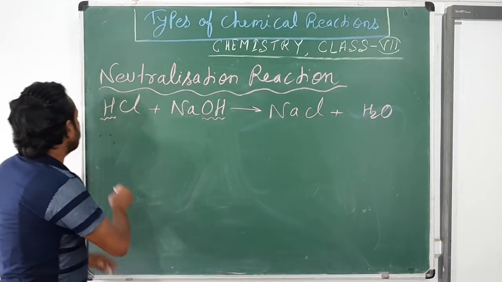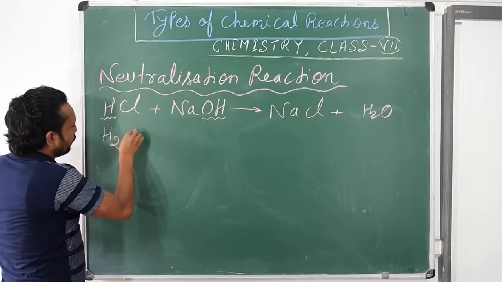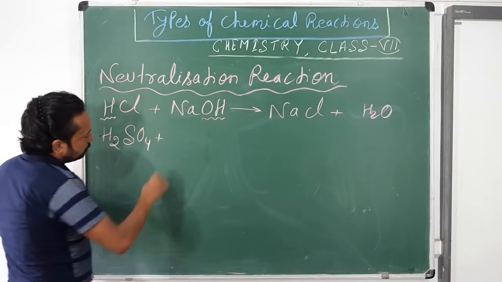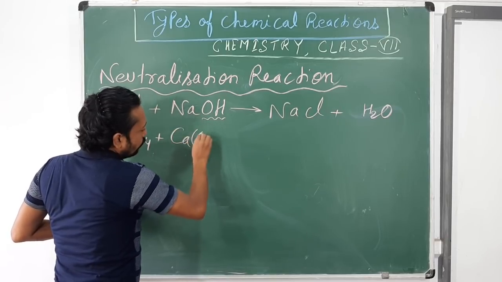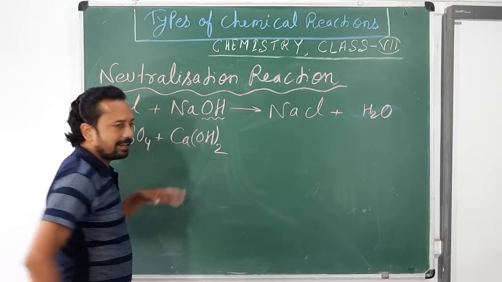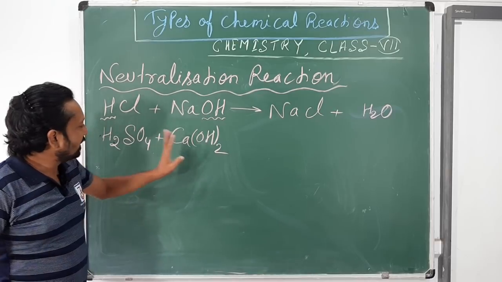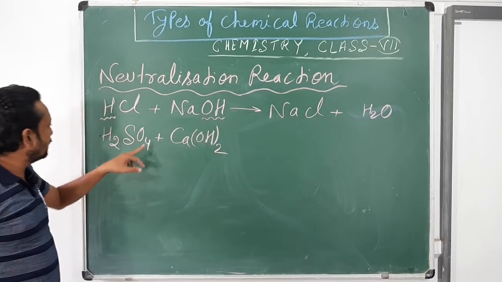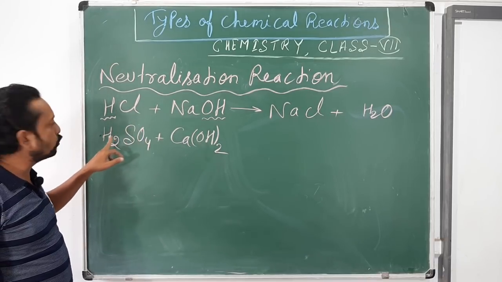Another example, like if we use sulfuric acid, H2SO4, with another base like Ca(OH)2, calcium hydroxide, also called lime water. So the nature of lime water is basic due to its OH- ion, and the nature of H2SO4 is acidic due to its H+ ion.